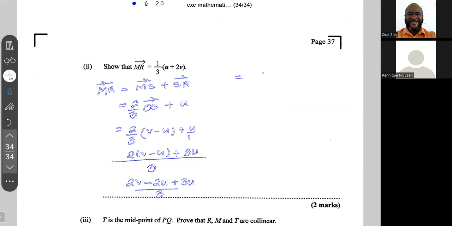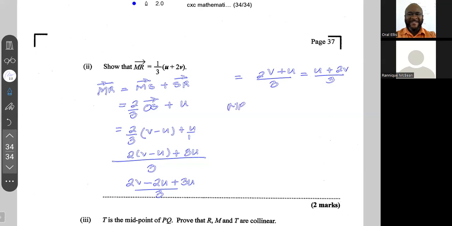This is 2V minus 2U, good. So this is 2V plus U over 3. We could put the U first. So it's U plus 2V over 3, same thing.